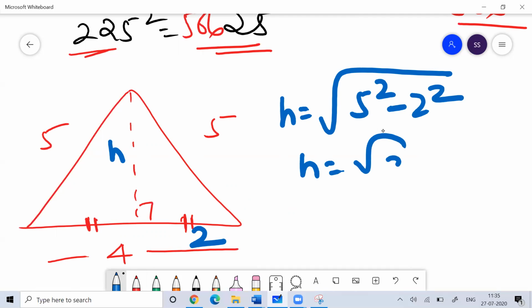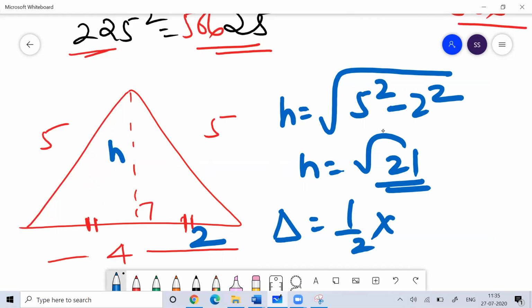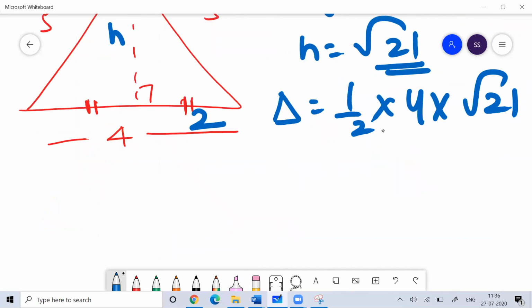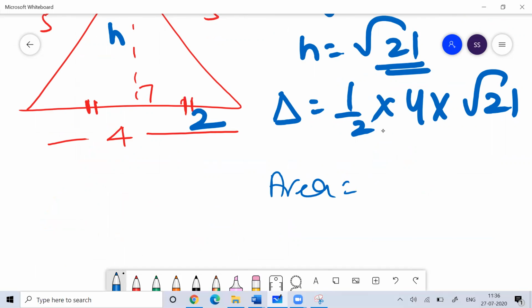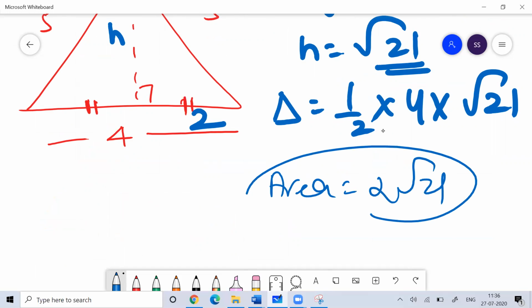So you get the height as root of 21. Once you get the height, you can find the area of the triangle, that is half into base into height. Base is 4 and height is root 21. So the area of this triangle would be 2 root 21. I hope you understand this.